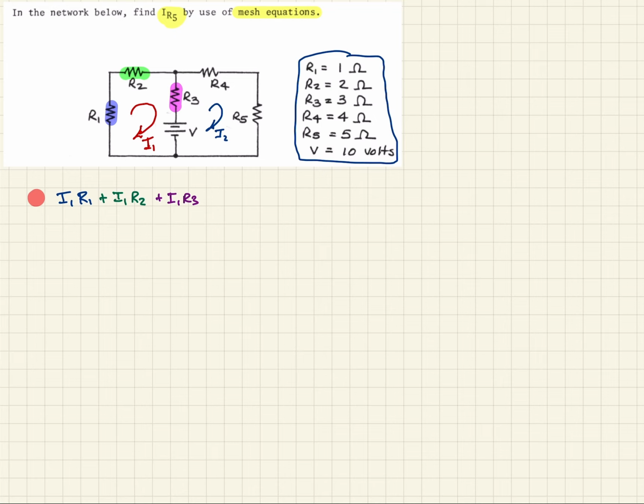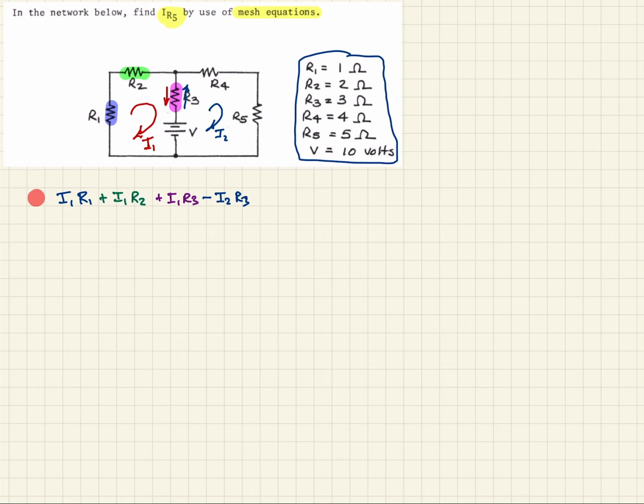And then we also see that while we do have I1 going through this resistor this way, we should hopefully be able to see we also have I2 going in the opposite way. So that being the case, that's going to be minus I2 R3. So it's going against our other mesh current. Okay?